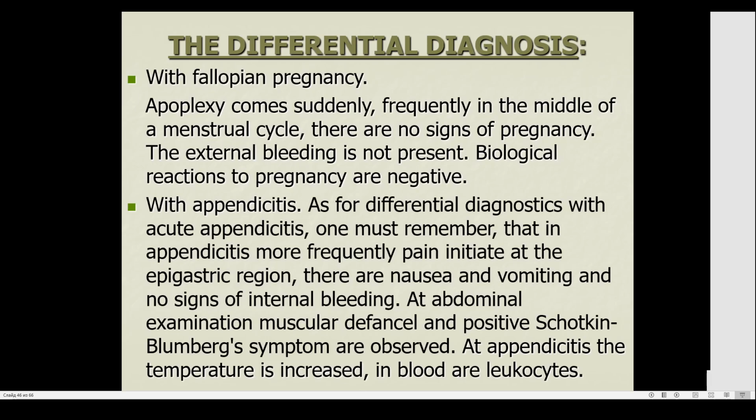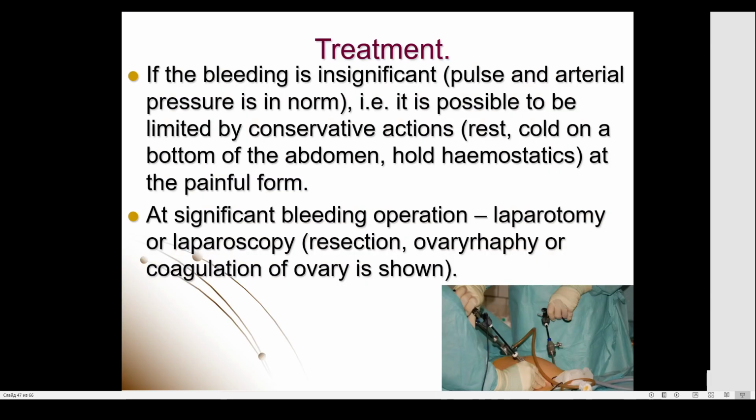At abdominal examination, muscular defense and a positive Shchetkin-Blumberg symptom are observed. In appendicitis the temperature is increased, and in the blood we have leukocytosis. Of course, in case of ectopic pregnancy and ovarian apoplexy, the level of leukocytes will be normal.